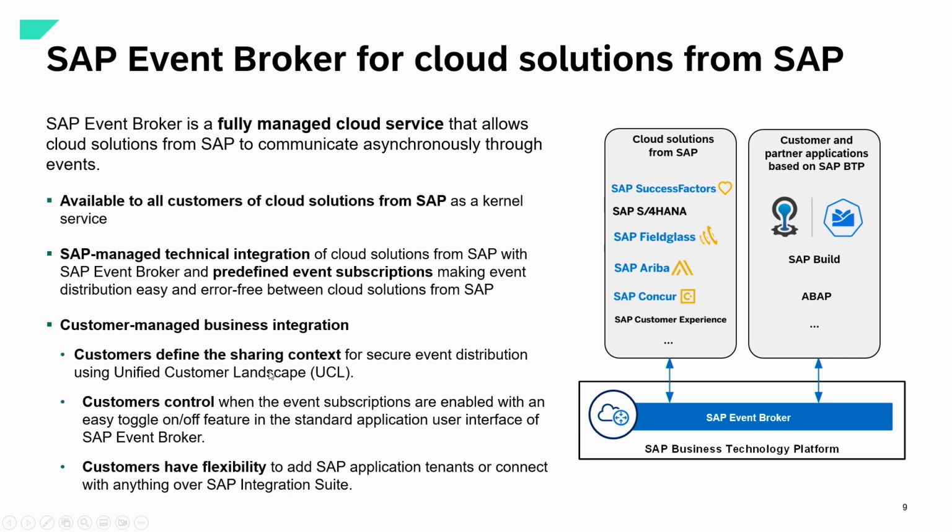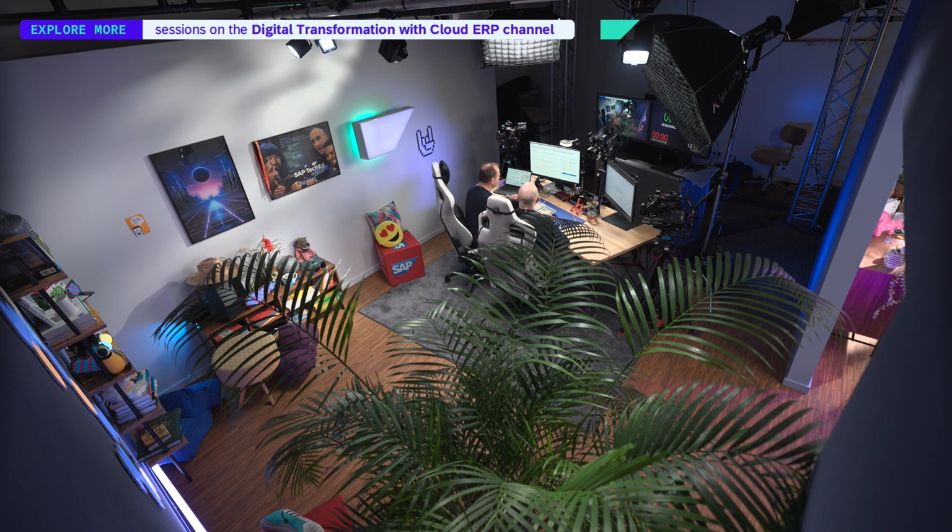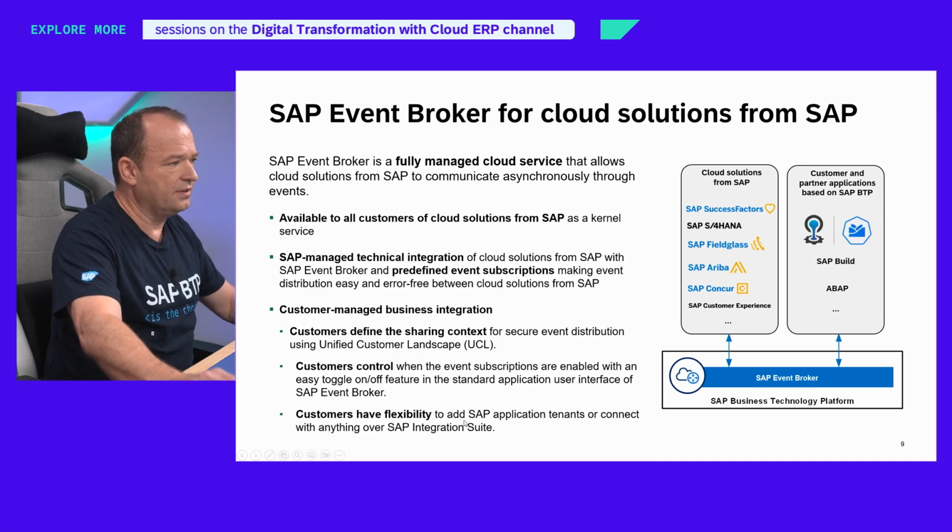For example, you as a customer, you have all these control activities, what has to be enabled, and it's like a toggle on-off feature. It's very simple, it's very nice, and it makes life, of course, very easy, just as ready to run. That's what we promise. And of course, you have full flexibility, so you can add SAP application and tenants what you want.